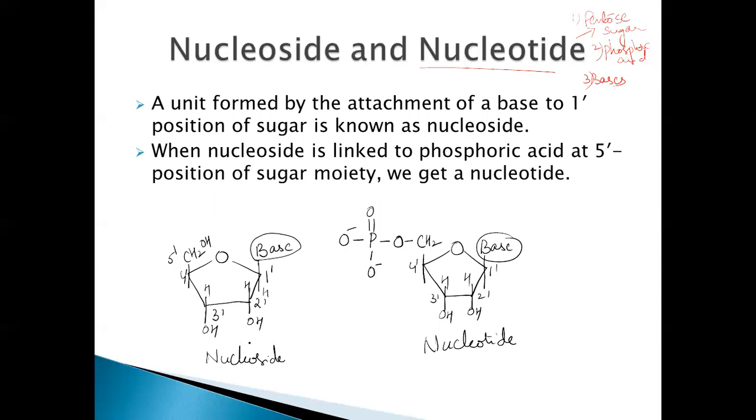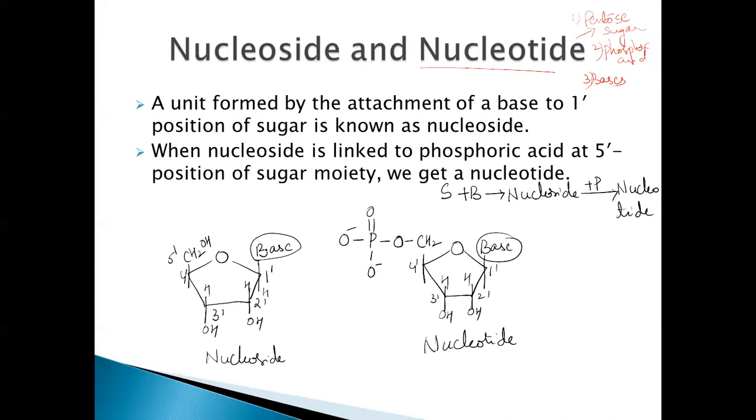Right. So to sum up here, sugar plus base is called a nucleoside. So I'm writing here, sugar plus base is a nucleoside, and plus phosphoric acid here is a nucleotide.